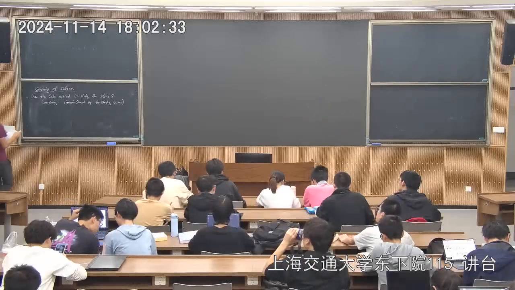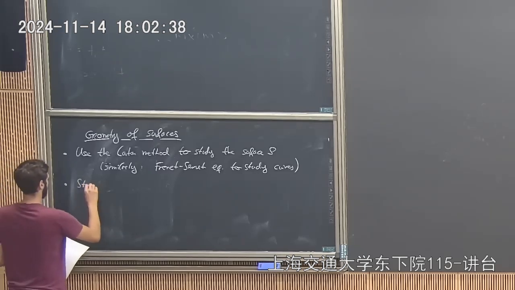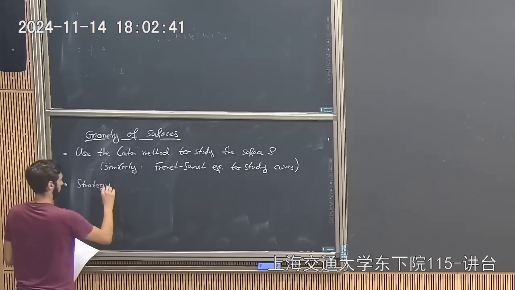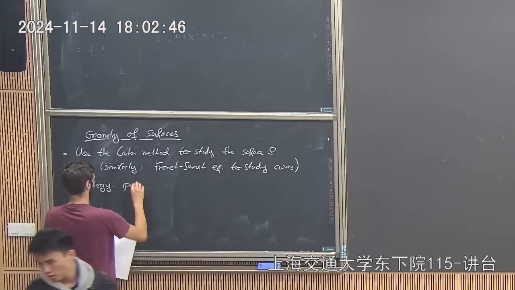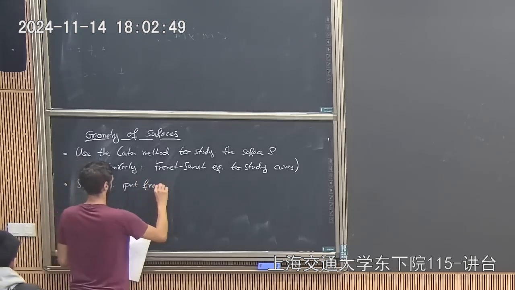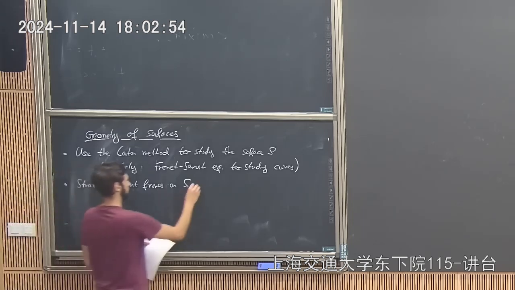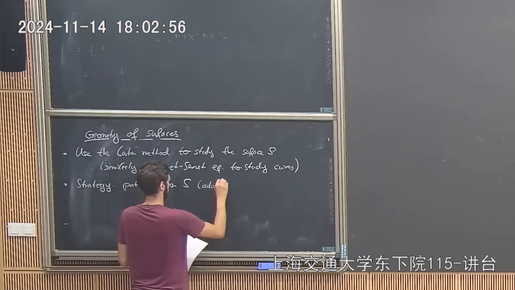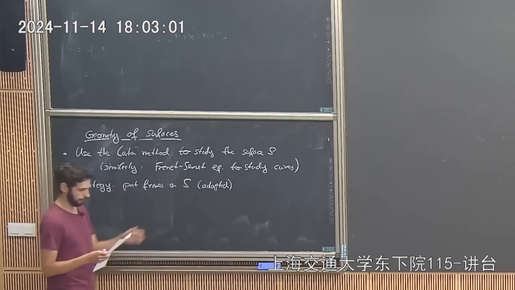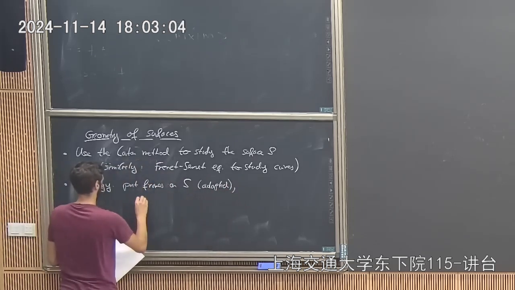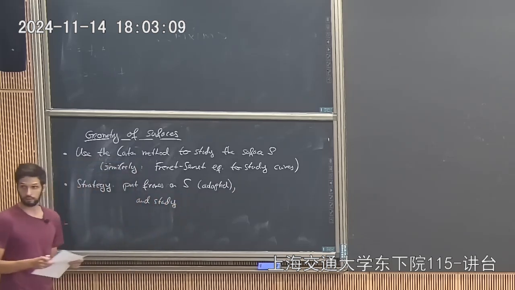So the basic strategy here is that we put frames on the surface that are adapted in a certain way, that in some way reflects the geometry of the surface, and then study how they change.